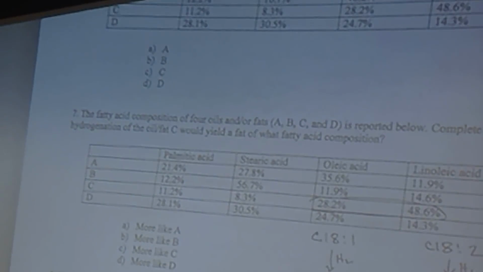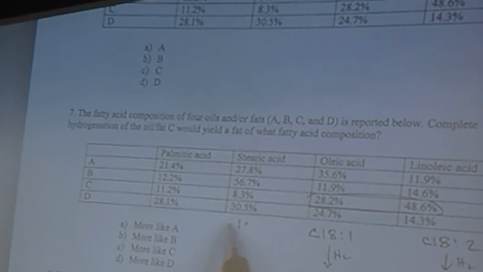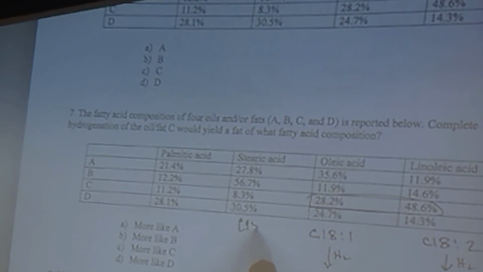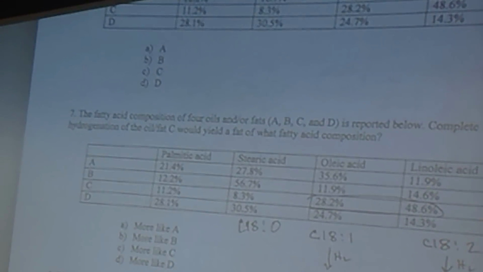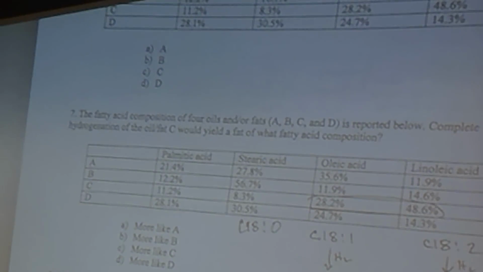Now what is C18-0? This one is C18-0, the stearic acid. So we are converting all the unsaturated fatty acids towards the stearic acid composition, right? So now C will look like that.